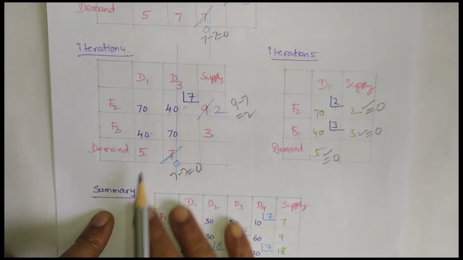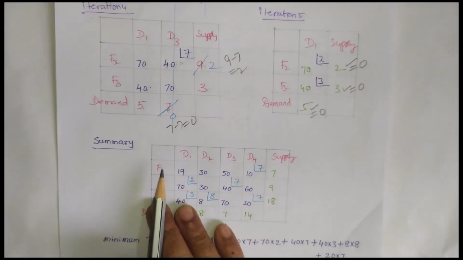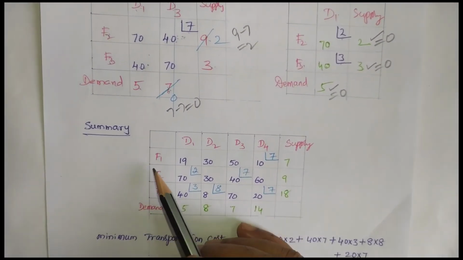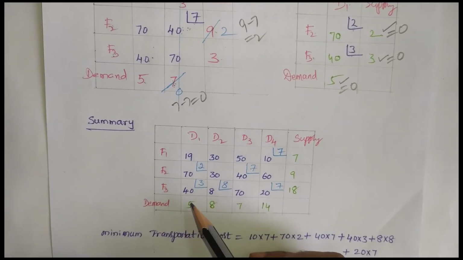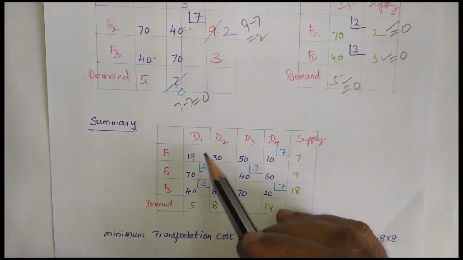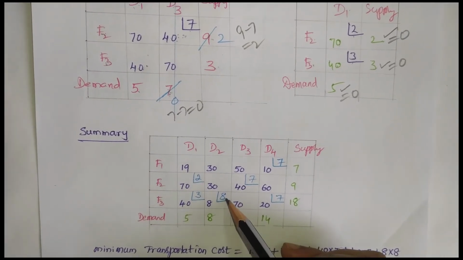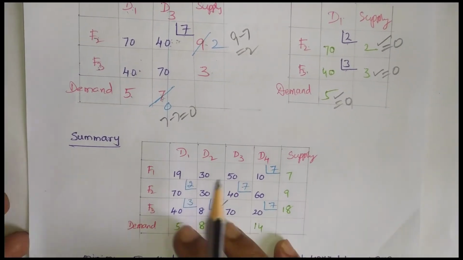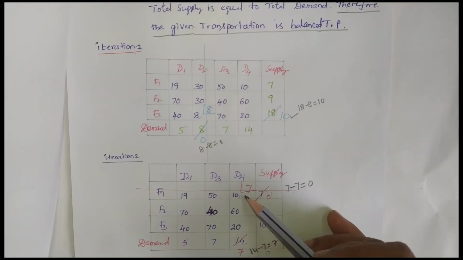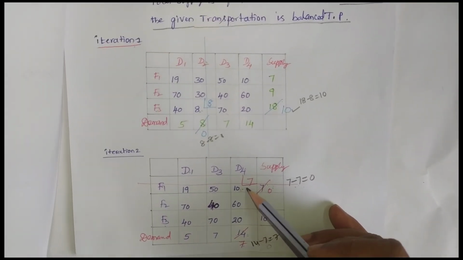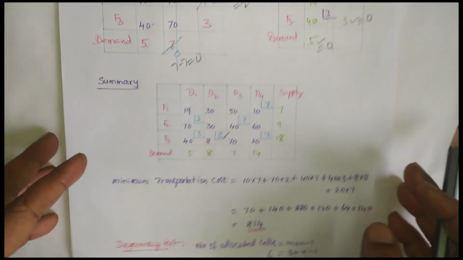Summary. So this is the original table. Here all the allocated values are shown in this table. In the first iteration 8 units are allocated. In iteration 2, 7 units are allocated.